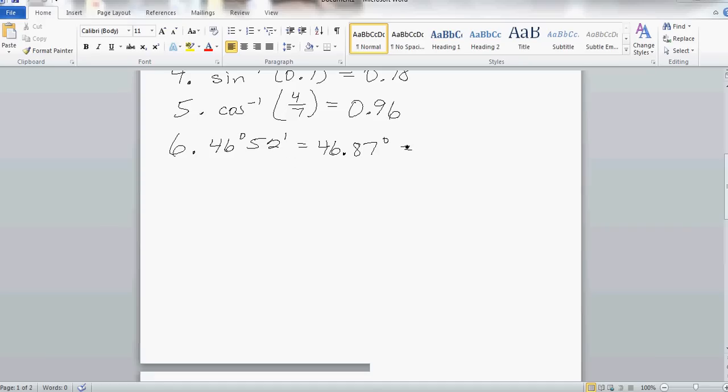So we've got the 46.87. We're going to divide by 180 and multiply by pi so that we get 0.8179, and so on and so forth. Realize we do want to keep that value in our calculator as we do the calculation, and then at the very end we can do our rounding.